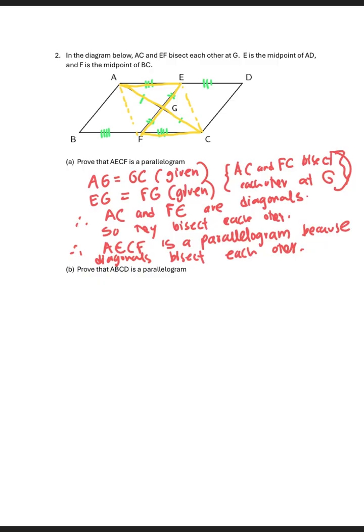To prove that ABCD is a parallelogram, we have to show that pairs of opposite sides are equal and parallel, right? So I'm going to first show the parallel part. I claim that AE is parallel to FC. Reason?